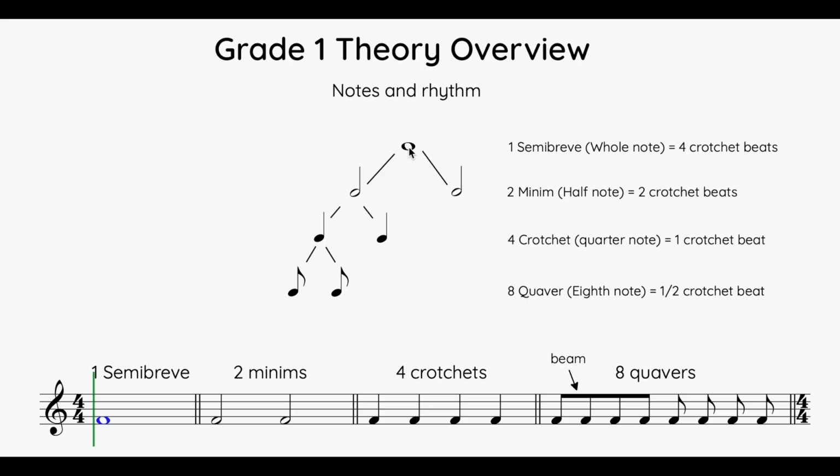We have this first semicircle symbol, which you'll notice we call a semibreve. Now, a semibreve is obviously half of a breve. This has a very long history to it, and as the centuries have gone on, we've gravitated towards note values of smaller value.